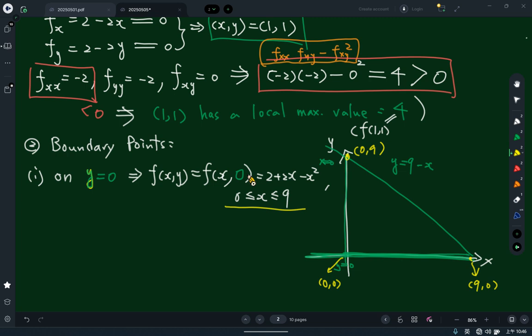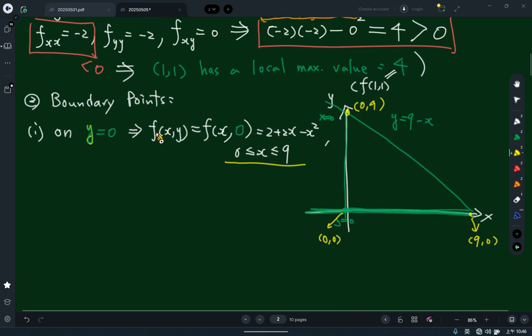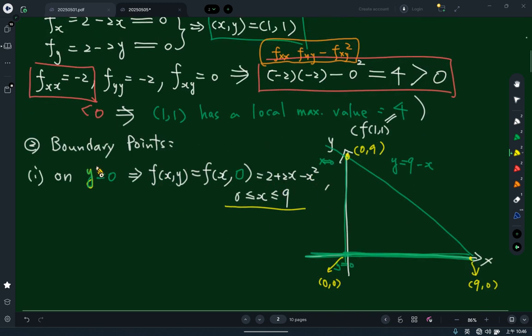Now, do you remember the concept I just reviewed? For a single variable function, we just focus on the boundary and also its critical points. So right now, we just focus on a single variable function with this constraint, on this closed interval.